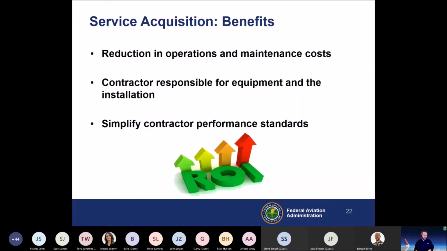Also notable is that we don't own any of that equipment. All those radio stations that I just mentioned, we don't own or maintain any of them. We buy a service from a service provider. So basically, we ensure that the data that we receive at the service delivery points does meet our performance requirements. But we don't have to go out and maintain or tech refresh radios.